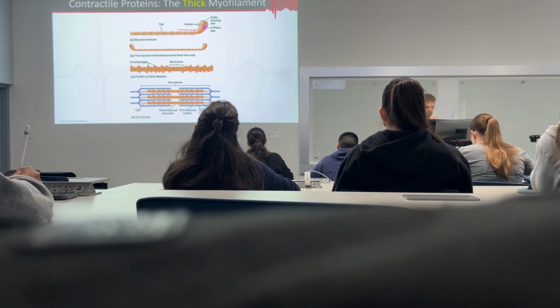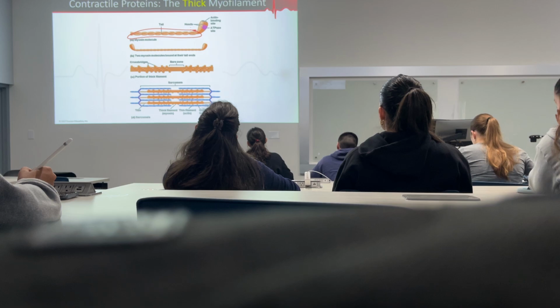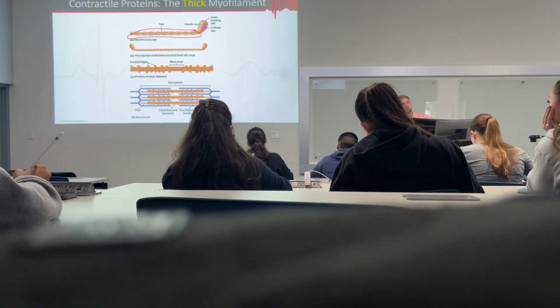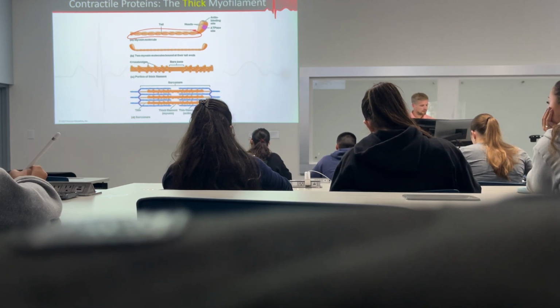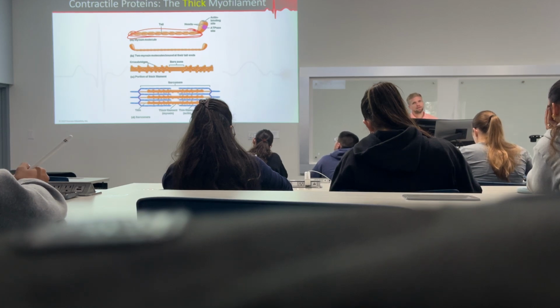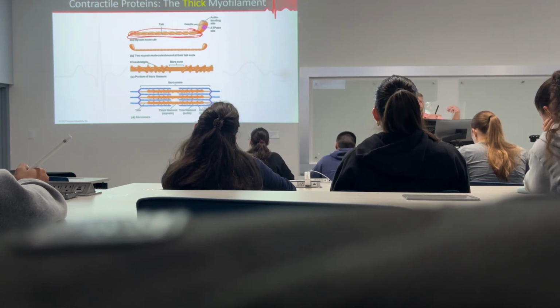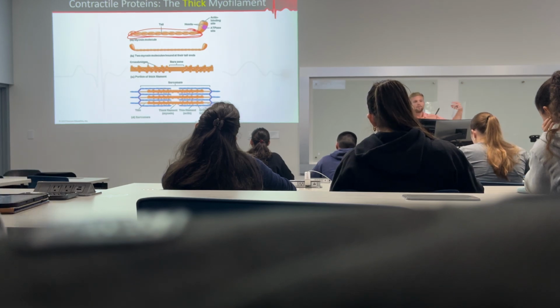A myosin protein, first of all, has what's called a tail. There are two what are called heavy chains that wrap around each other in a double helix, and they form the tail. I wouldn't ask you about the heavy chains on the exam, but they're two separate proteins that actually wrap around each other and form this tail portion of the myosin protein.